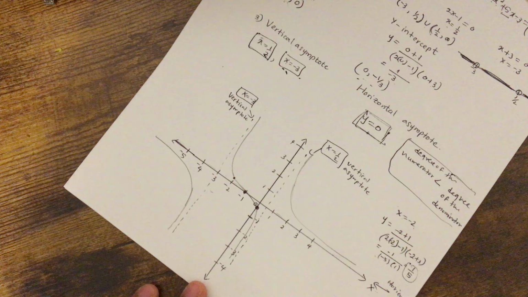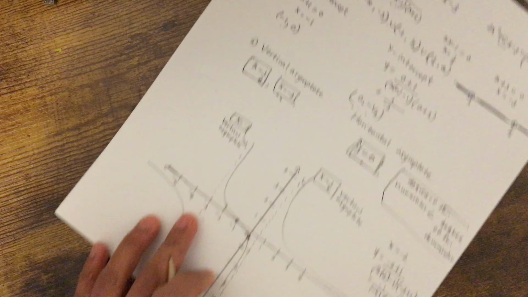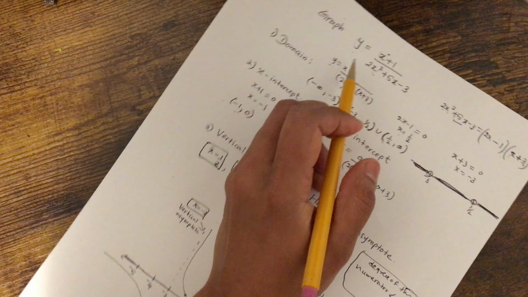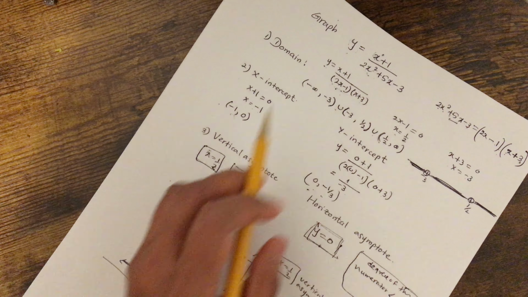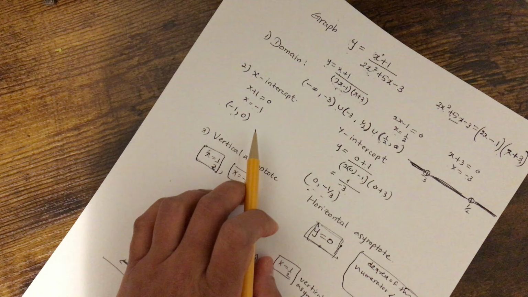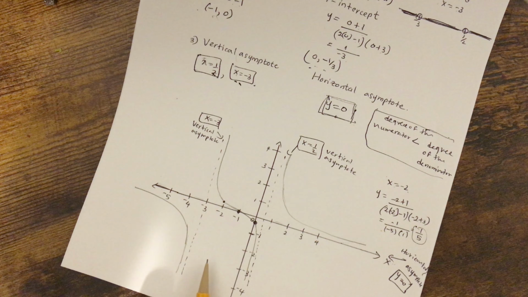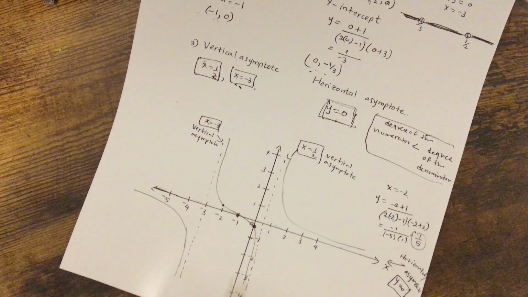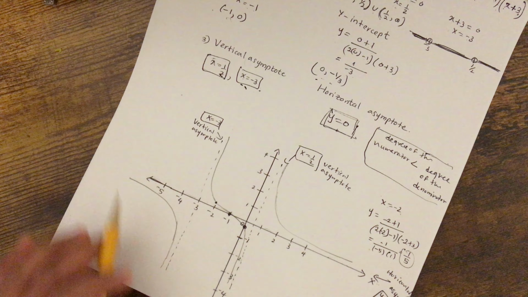Okay. So this is the graph of the rational function y equals x plus 1 over 2x squared plus 5x minus 3. So this is the graph. You can confirm this graph if you use some software to graph this rational function. You will see the graph is like this.